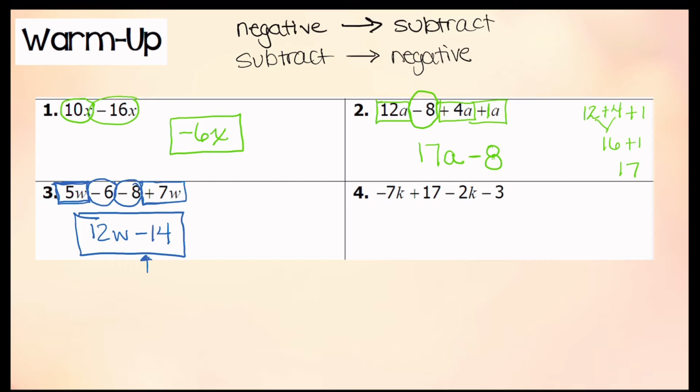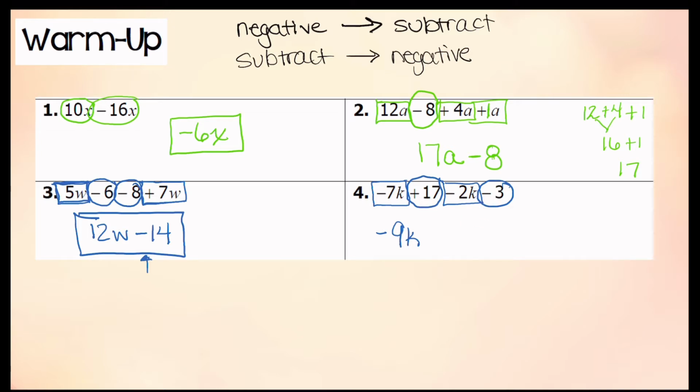Let's go look at this one. I have negative 7k and negative 2k. Okay, those are my only variables. This one and this one are constant, so I'm going to change my shape. So a negative 7 and a negative 2 gives me a negative 9k. Then I have a positive 17 and a negative 3.